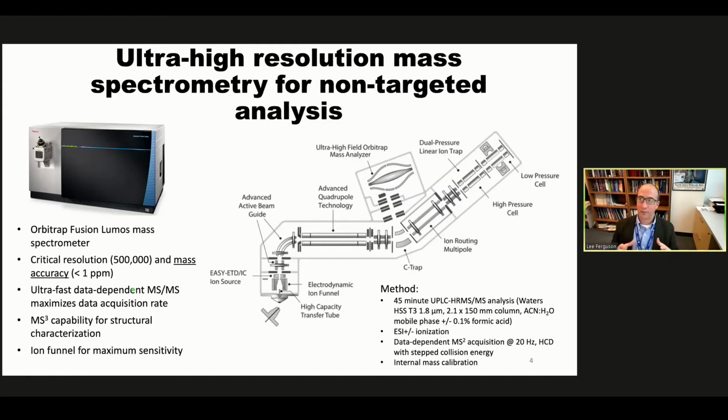This is really the way that we have been able to move into these high throughput and high coverage non-targeted analysis methods. And so we're leveraging this in our laboratory on a routine basis.